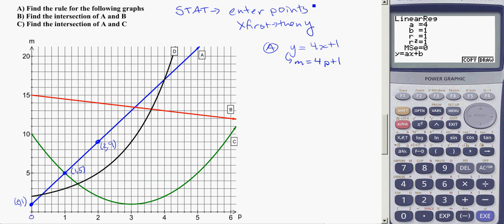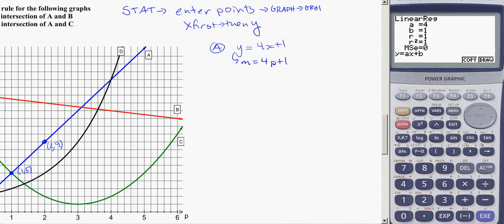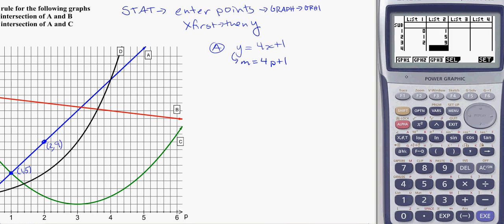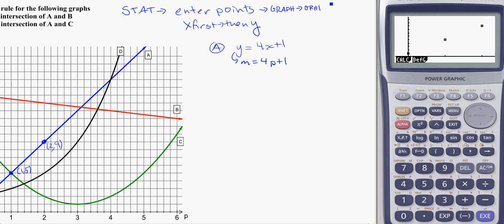So go into stat, enter your points, same as before, graph, graph 1, and then calc.